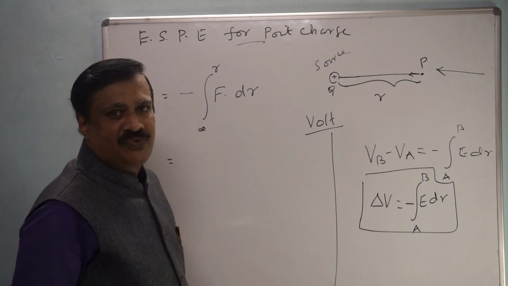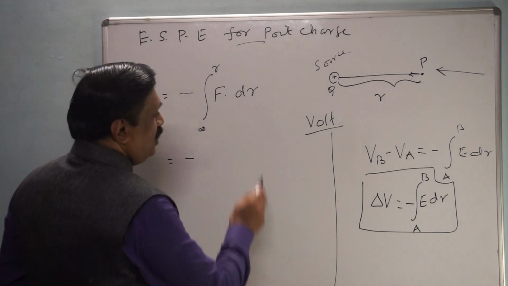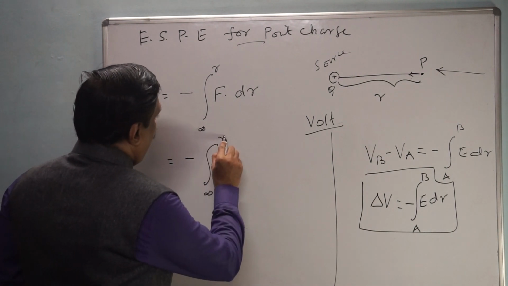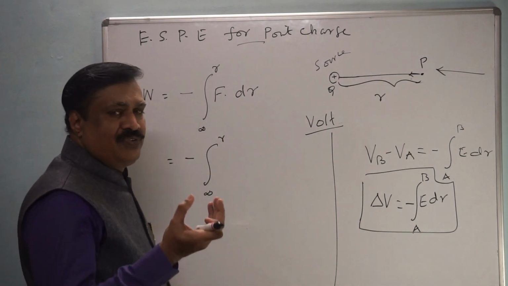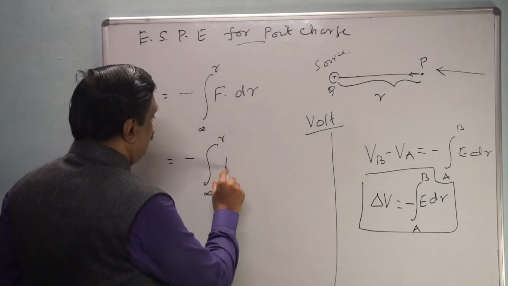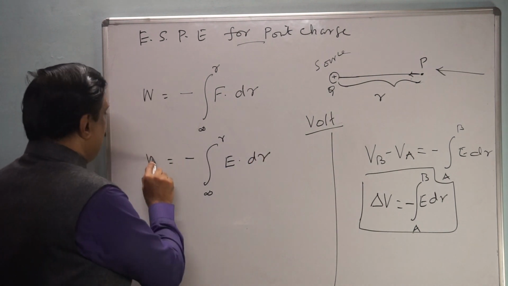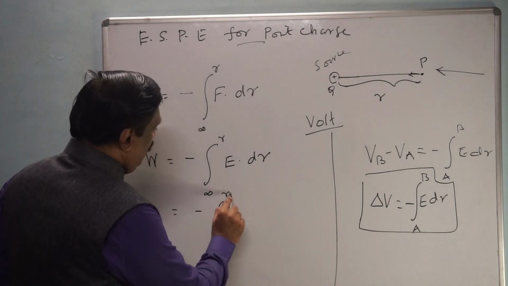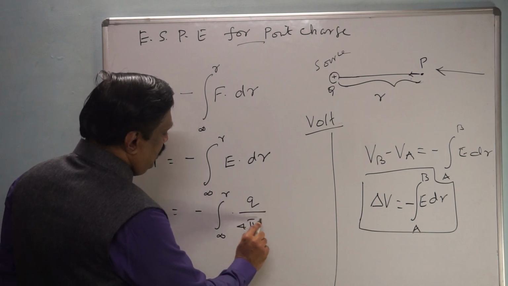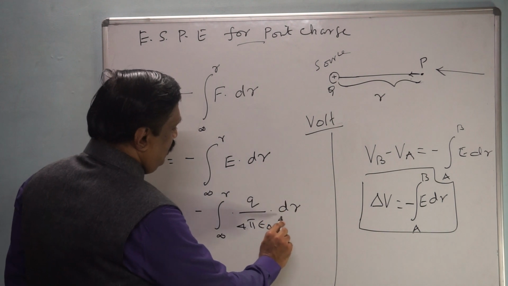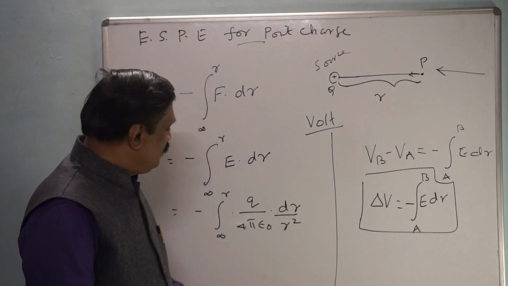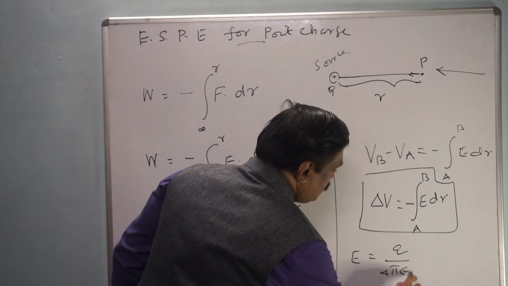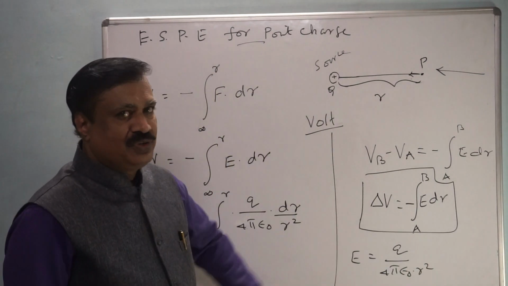Now you substitute for F. Since you are bringing a unit charge, F is E, so W equals minus integral from infinity to R of E dr. Now substitute for this E value: E equals Q by 4 pi epsilon 0 R squared, which we derived before.